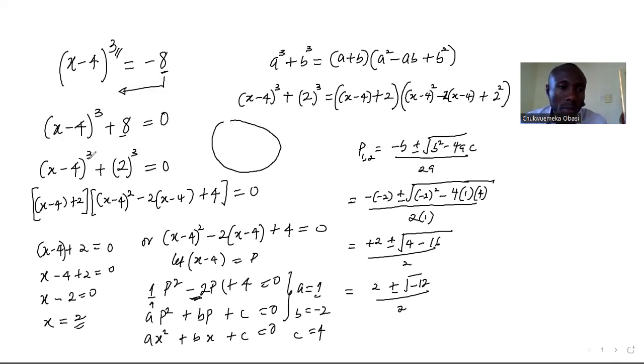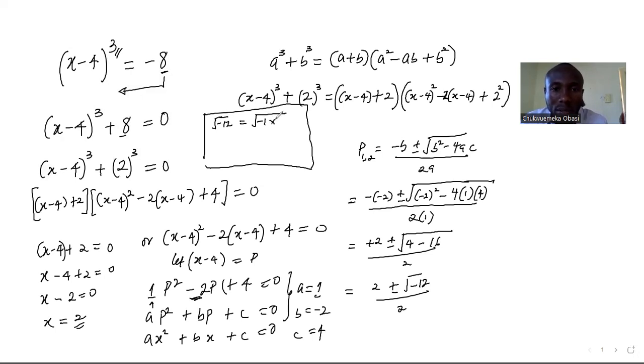If you have root of -12, you know you can actually rewrite this as the square root of -1 times 4 times 3, right? All of this will give you -12.